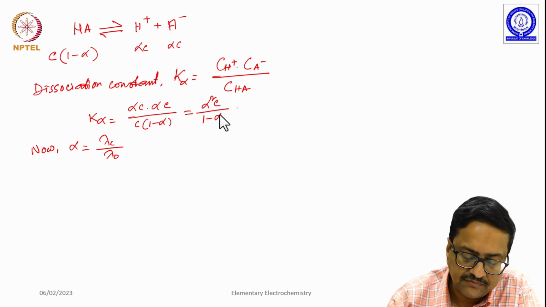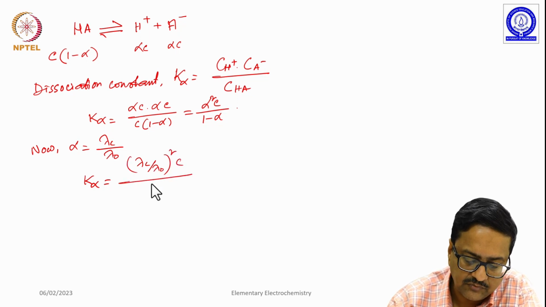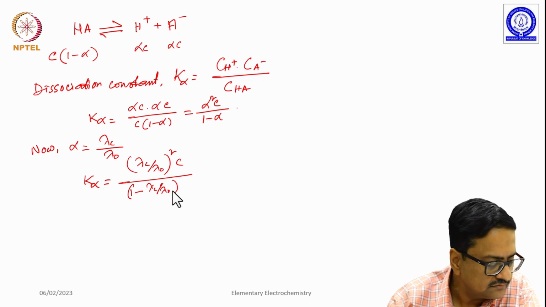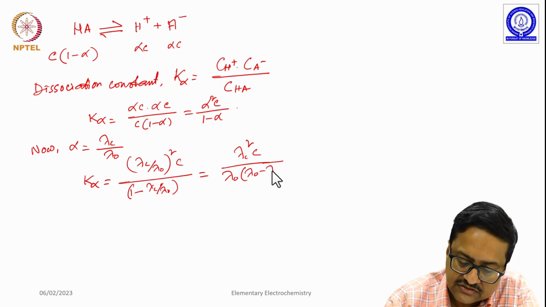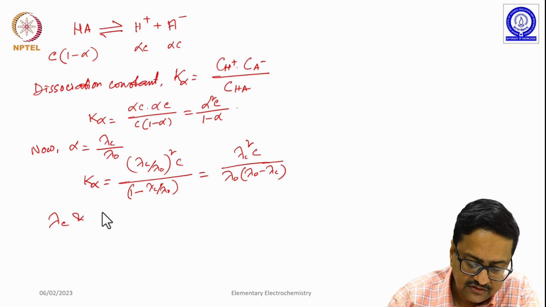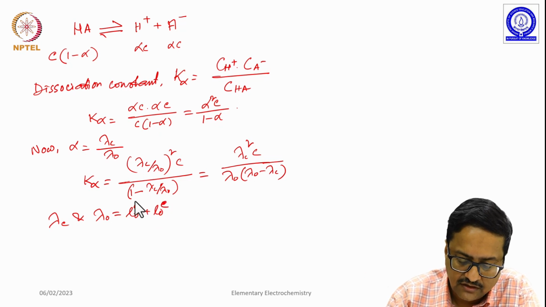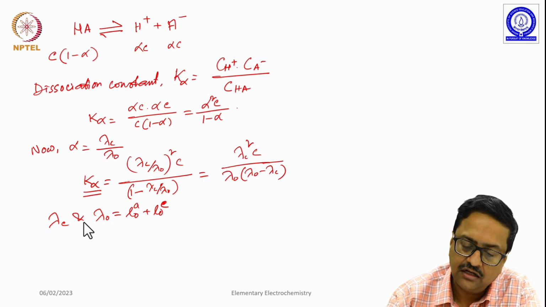So when you replace alpha by lambda C by lambda 0, you get K alpha equal to lambda C by lambda 0 whole square C divided by 1 minus lambda C by lambda 0, or by simplification, lambda C square C divided by lambda 0 into lambda 0 minus lambda C. So once again, by determining the value of lambda C and calculating the value of lambda 0 from the corresponding L0A plus L0C, one can calculate the dissociation constant of a weak acid efficiently, right?